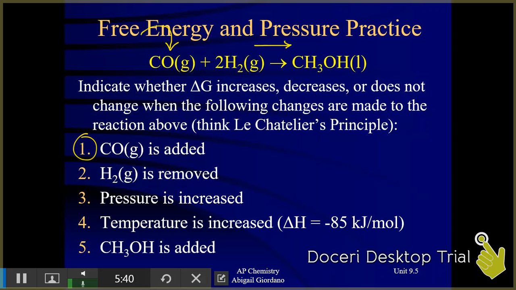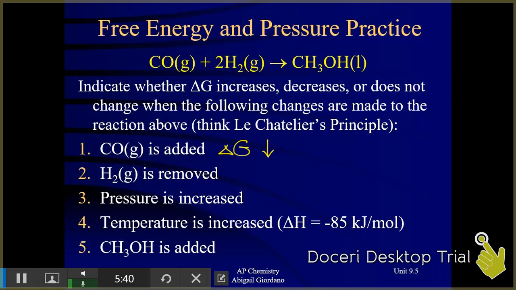Well, that means the forward direction is becoming even more favored than it was before. So what kinds of delta G's mean even more favored? How about delta G's that become even more negative? So if we were to add more carbon monoxide gas, delta G is going to decrease, because a decreasing delta G means a reaction that is becoming more favored in the forward direction.